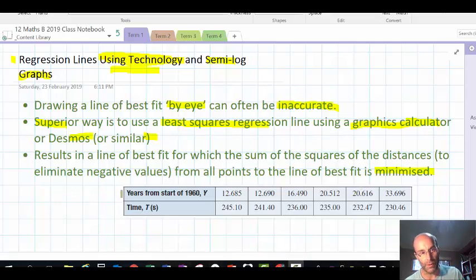We're going to have a look at the data from the previous video. You need to be familiar with that, and that's the example where it's running times for the 1500 event for women since 1960, and we're looking at how well that fits an exponential function. And we basically use a semi-log approach.